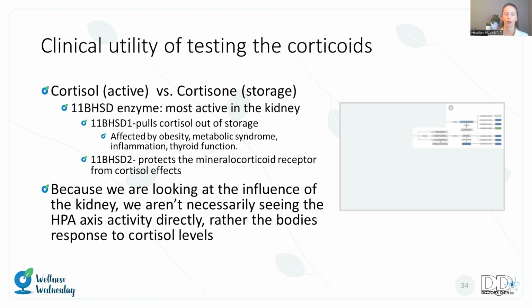So that's converting cortisol back into its storage form. And because we're looking at the influence of the enzymes, we're not necessarily seeing the HPA axis activity directly, but rather the body's response to the cortisol levels. And we're filtering it through this lens of what is going on metabolically, whether there's metabolic syndrome, thyroid function, and so on.